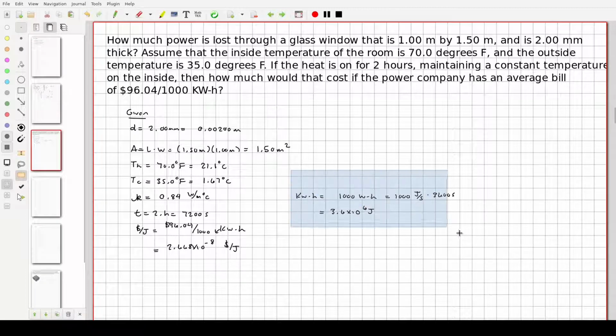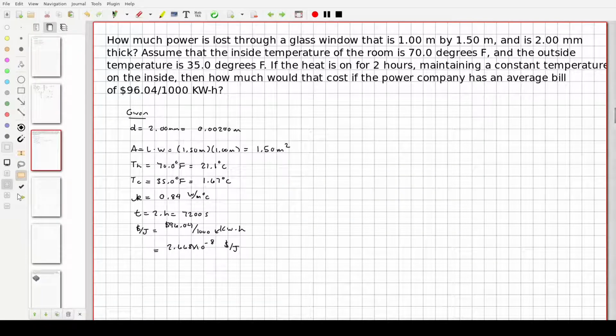Let me clear this just so I can have a work area. And we're trying to find a few things. Like I said, initially we want to find the power loss, P. Then we want to find the cost. Now, we're maintaining this for 2 hours, so I'm just going to say cost like that.